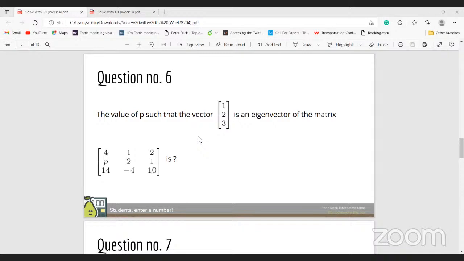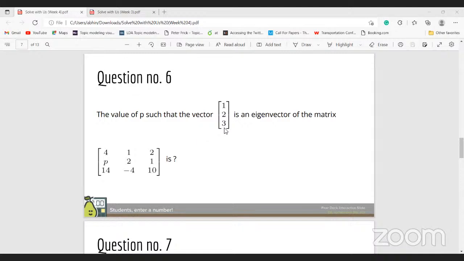So you can find lambda equal to 6 plus 6, 12, from the first element. And the second element is 7 plus p equal to 2 lambda. So like this you have to find out. Subspace contains 0 vector.